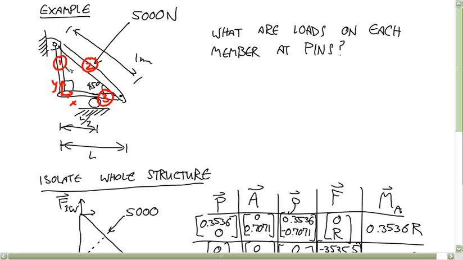It's not touching the beams, whatever. So you have to consider what member those pins are a part of. Okay, so this pin is a part of member 1, so the force being applied by that pin is F21, right? On 2 by 1.